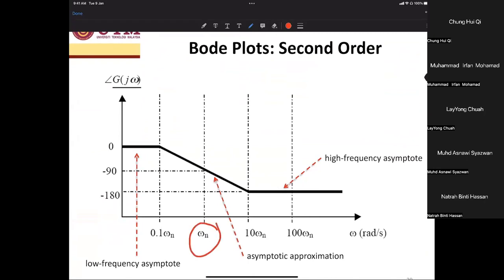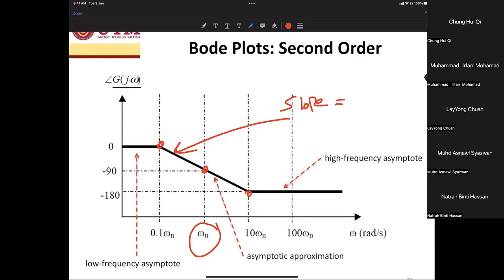So this is the corner frequency, and this is the low frequency asymptote, and this is the high frequency asymptote. And what is the slope for this line? Atika, what is the slope according to Atika?